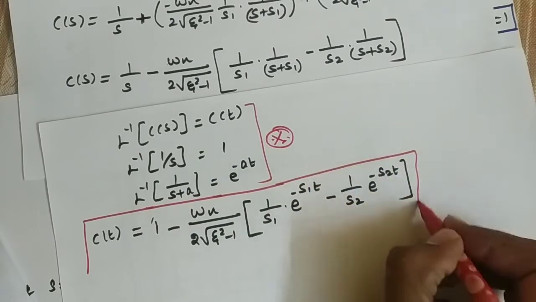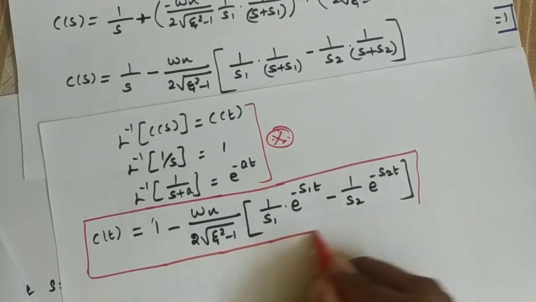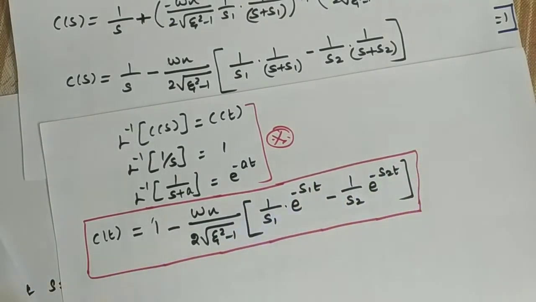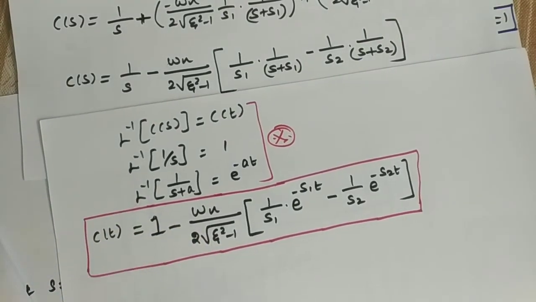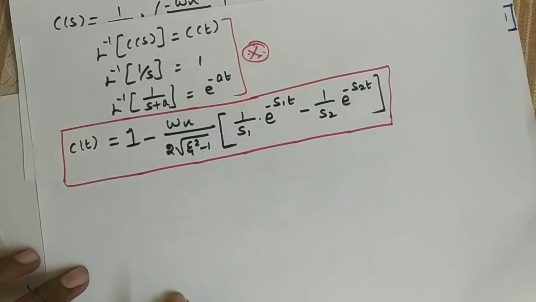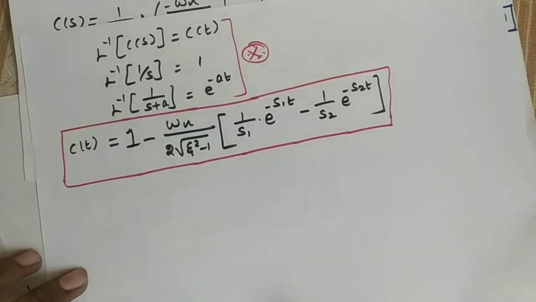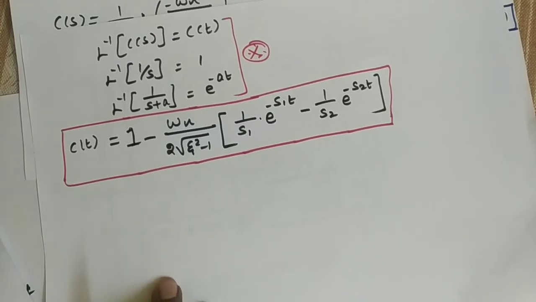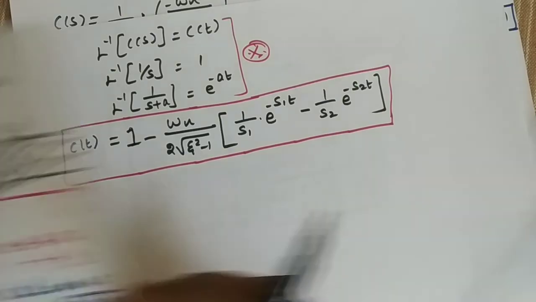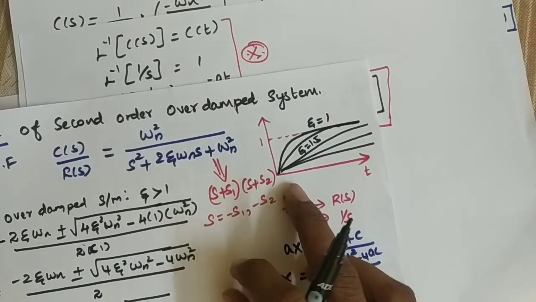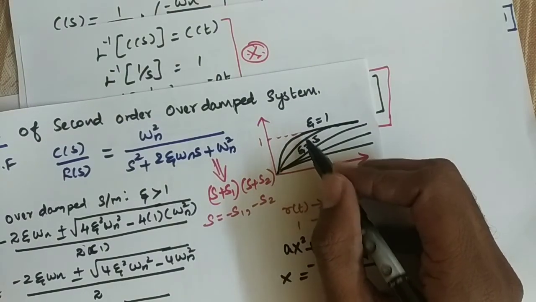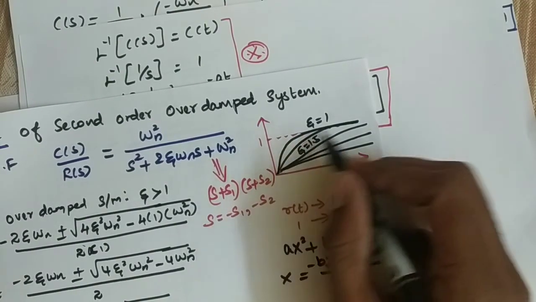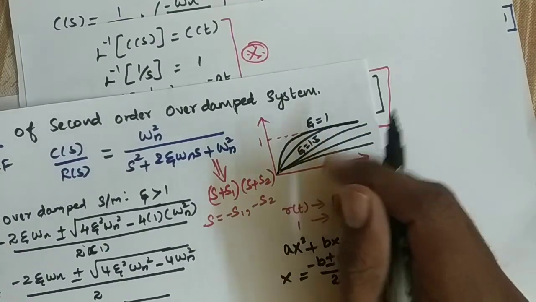If you are applying a unit step input to the second order overdamped system, the system response follows these expressions. The system response we already drew at the start of this derivation class. If you keep increasing the value of the damping ratio, the system response will be poor. This is similar to overperforming.